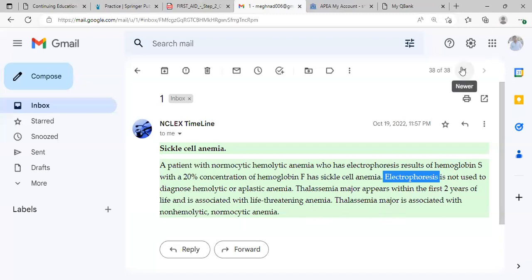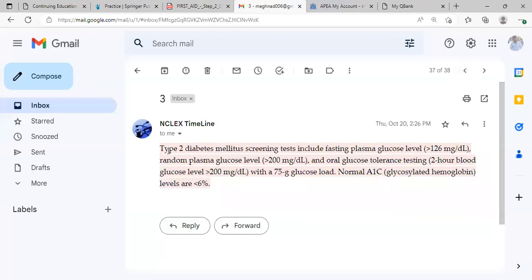So, next question here. Type 2 diabetes mellitus. When we go for laboratory tests, the fasting plasma glucose level must be more than 126 milligrams per dL. That is fasting.